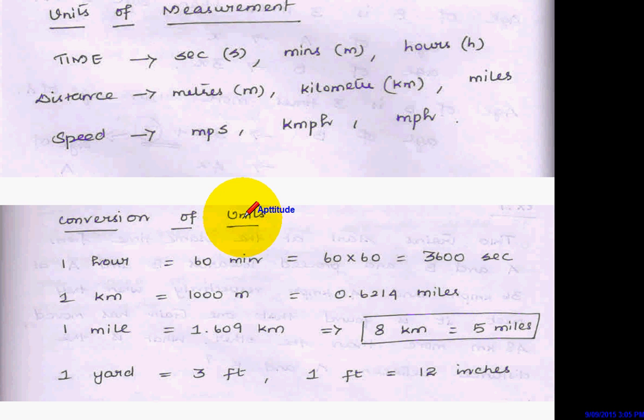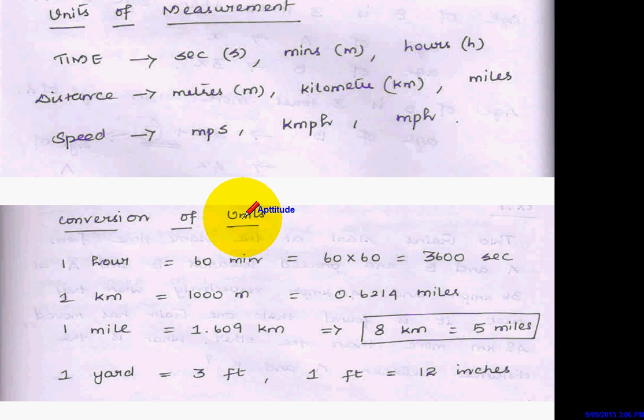These units of measurement are also taken into consideration while solving the problem, because the distance may be mentioned in meters and the time can be given in hours. So we have to convert the problem into an appropriate unit so that we can arrive at an accurate answer. So these units have to be taken into consideration. And how to convert the units?